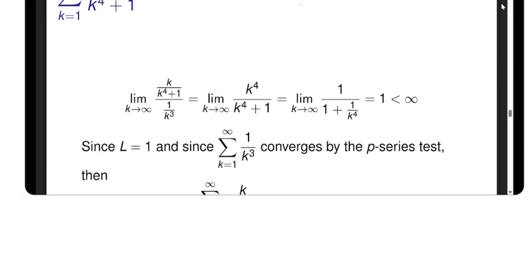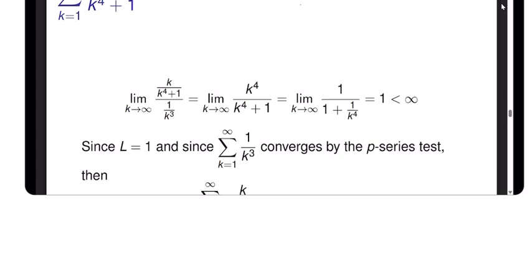But in a situation where the given sequence is highly complicated, where you are not able to compare it with whatever you think about, then we're going to conduct a limit comparison test.